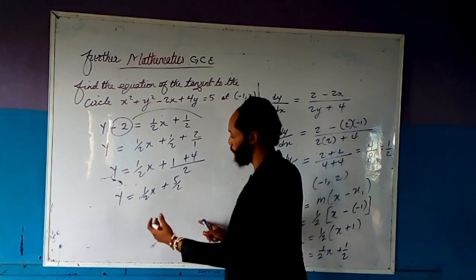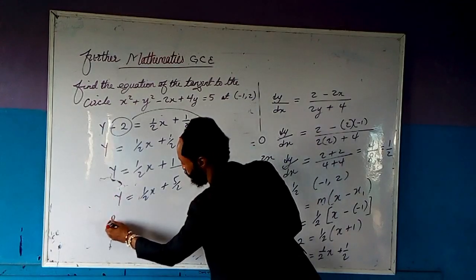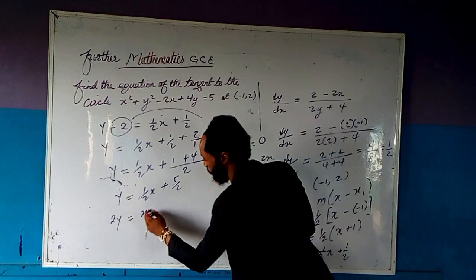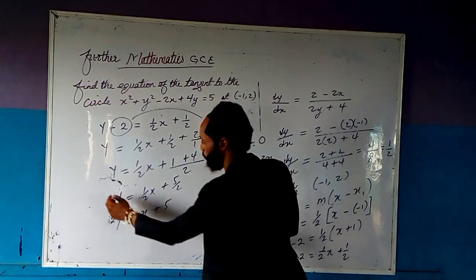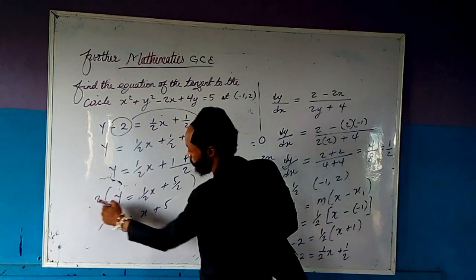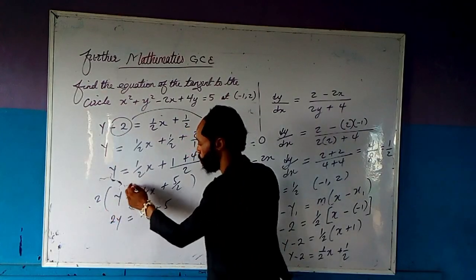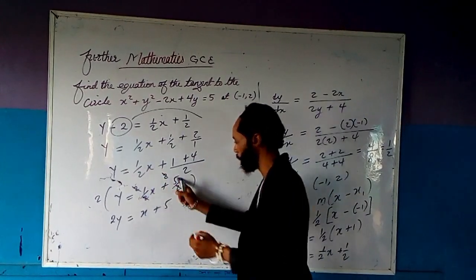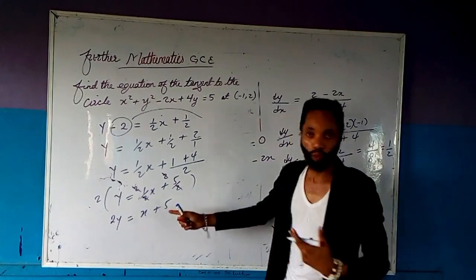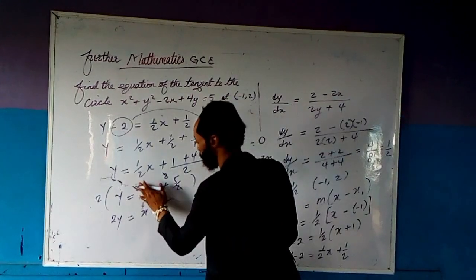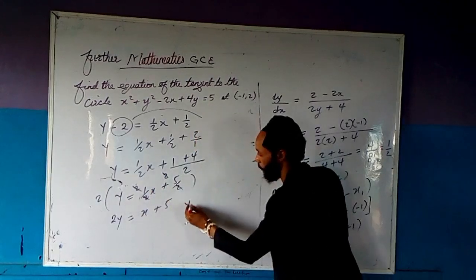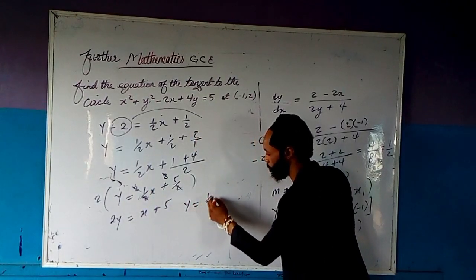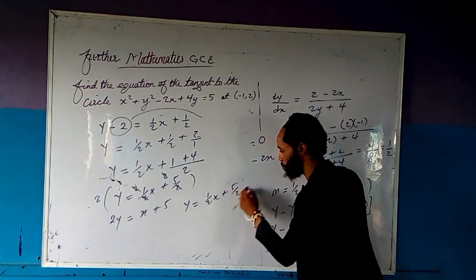But if you want to clear the fractions, you multiply through by 2. You get 2y equals x plus 5. 2 times y gives 2y, the 2 cancels with this 2 to give x, and the 2 cancels again giving 5. If you want it like that, or you could just leave it the way it is: y equals 1 over 2x plus 5 over 2.